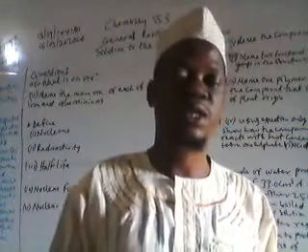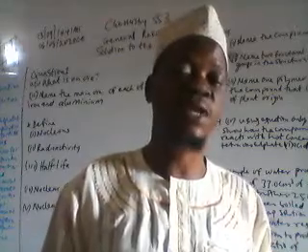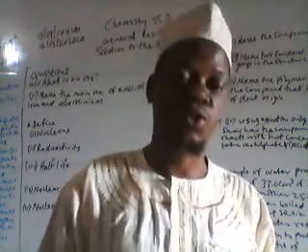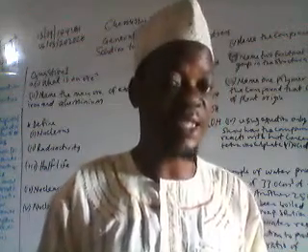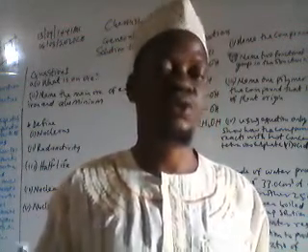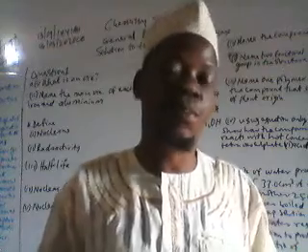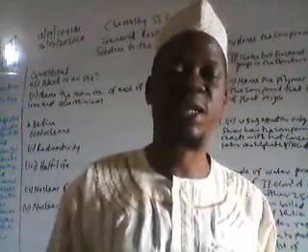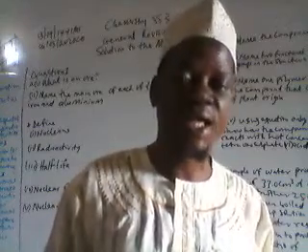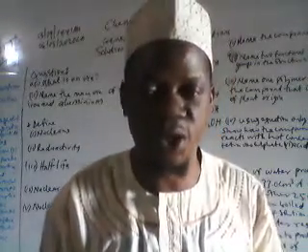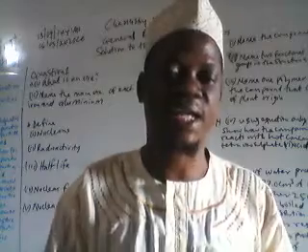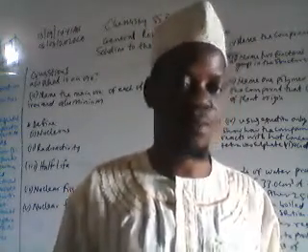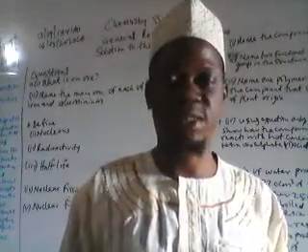Number 2, it should also include that it contains a metal in relatively high proportion so that the metal can be extracted from it. So once your definition contains these key points, it's okay. A naturally occurring solid substance that contains a metal in relatively high proportion such that the metal can be extracted from it will get you a full mark. I hope that is taken.